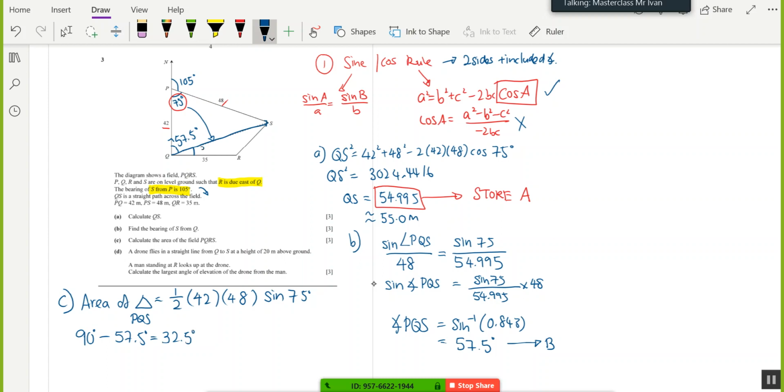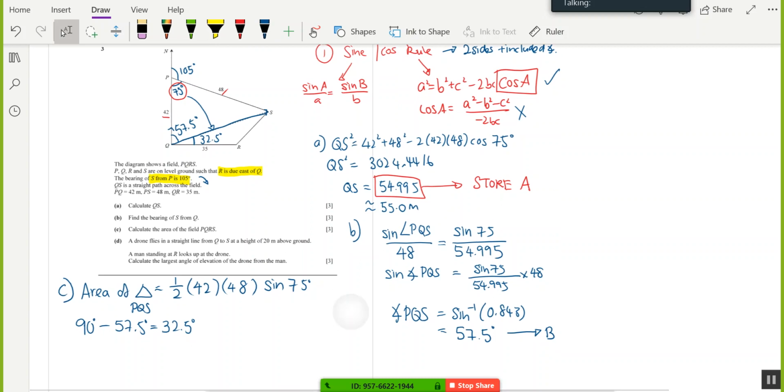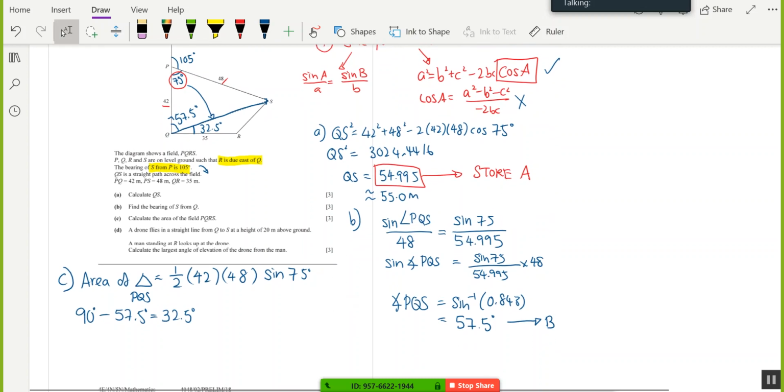Which means this guy is 32.5. So how do I find the area of SQR? Is also half times 35 times what? Then sine 32.5.